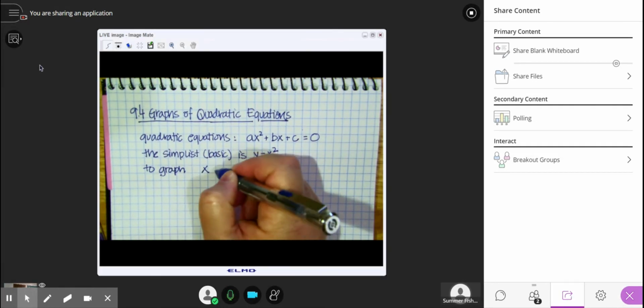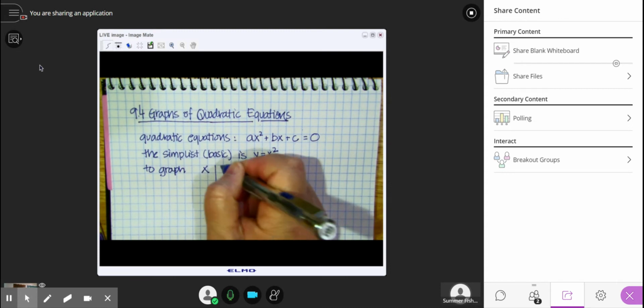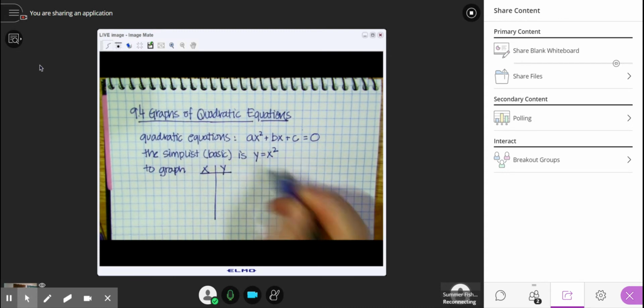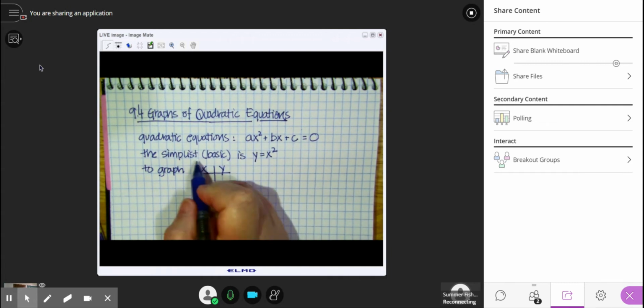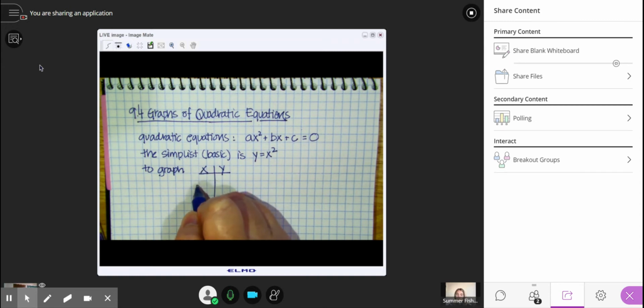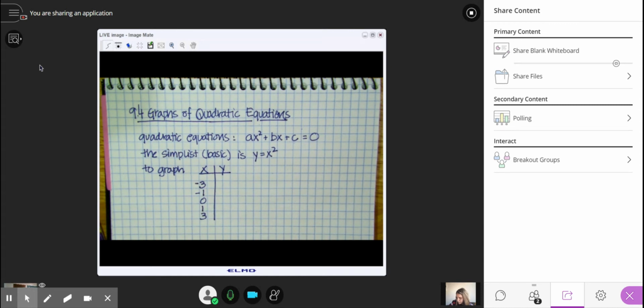To graph this, we're going to plot a series of points x, y, where we're going to let x be, let's start at like a -3, and then do a -1, a 0, a 1, and a 3. Just so there's some sort of symmetry back and forth here.